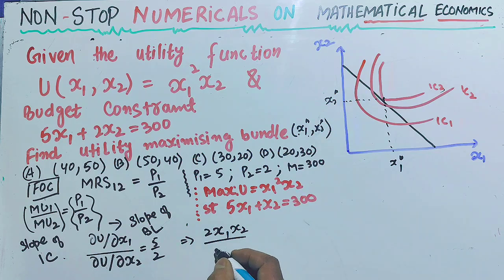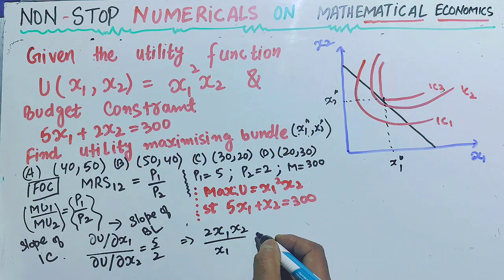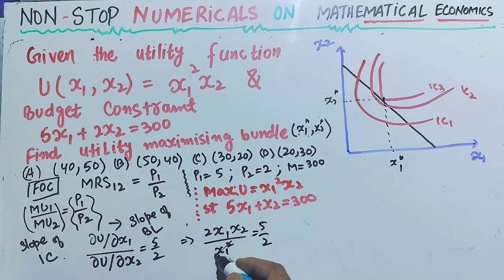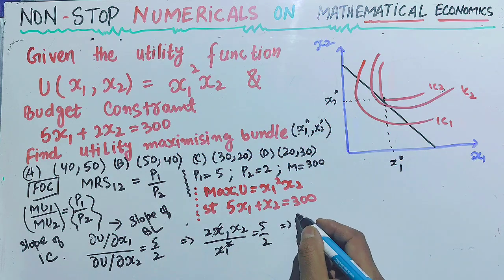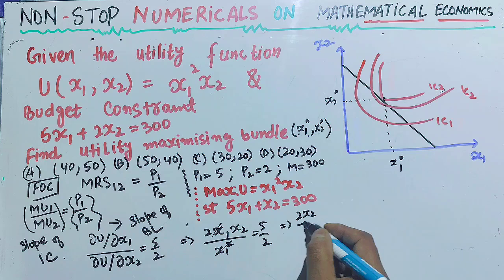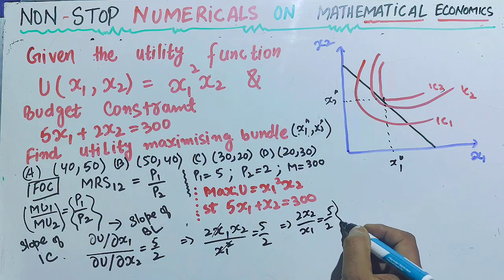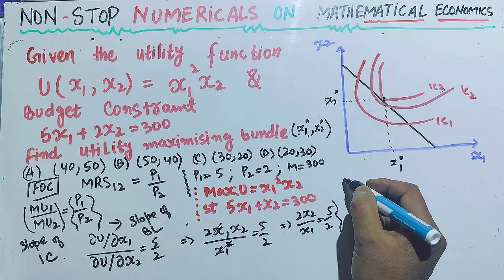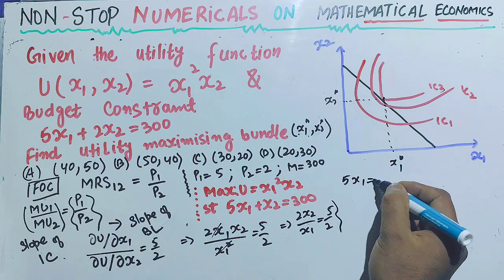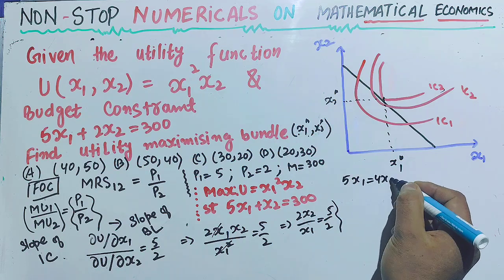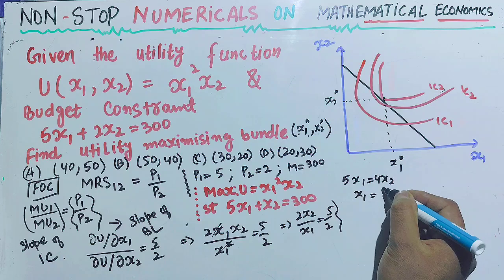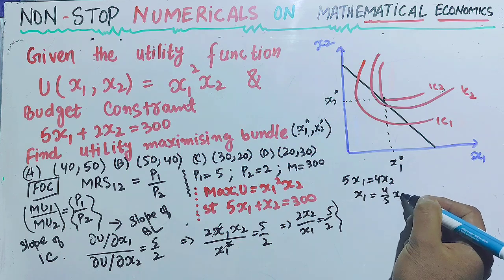Derivative of x2 is 1, so we are left with x1 square, which should be equal to 5 upon 2. Here an x1 gets cancelled, so we get 2x2 upon x1 equal to 5 upon 2. Solving further, 5x1 is equal to 4x2, or x1 is equal to 4 upon 5 x2.